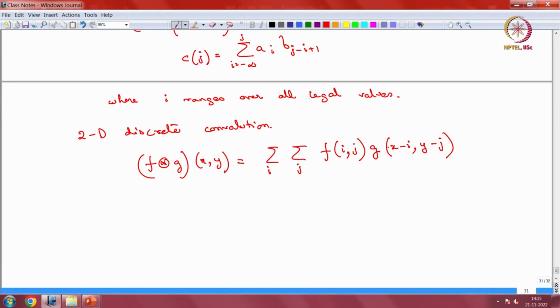Now as we suggested earlier, we are interested in matrices because we are interested in images.